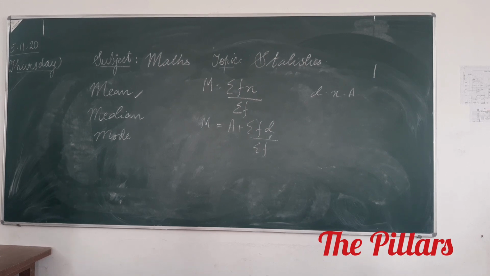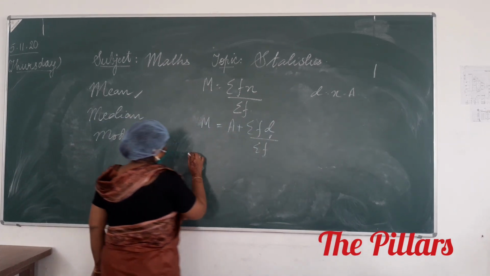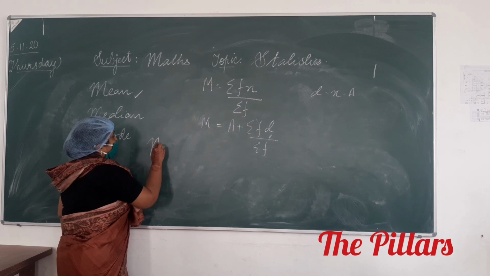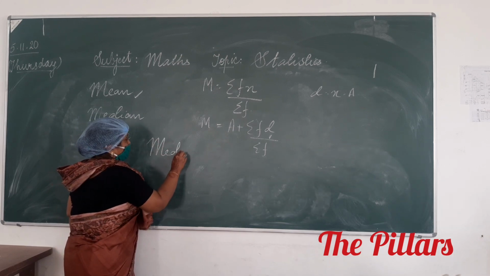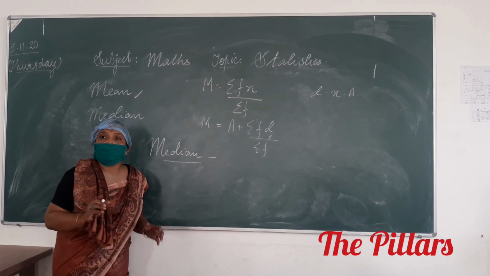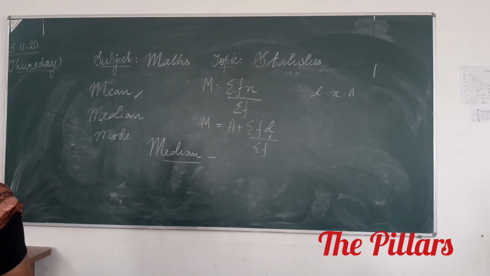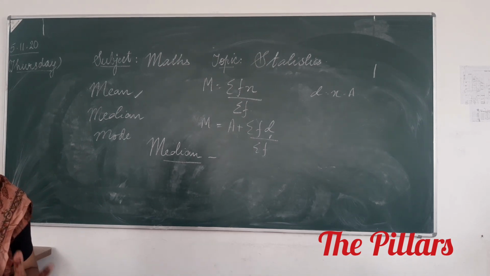This much we have done. Now, yesterday I started with median. Median for ungrouped data. What is the meaning of ungrouped data? Where your data are not in group form. Group form means class interval form.